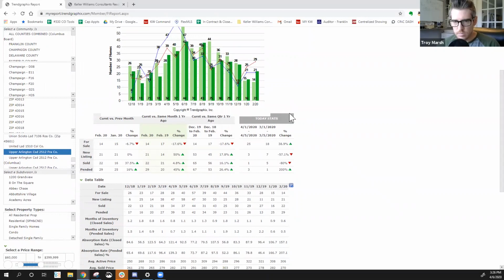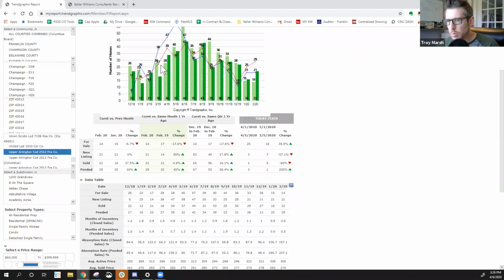Yeah, so I'll just jump through this, even though I wish that this had flipped over to March because the statistics would be a little bit more relevant. But here's the conversation I would have in a listing appointment. I pay little attention to current versus previous month because our business is so cyclical.